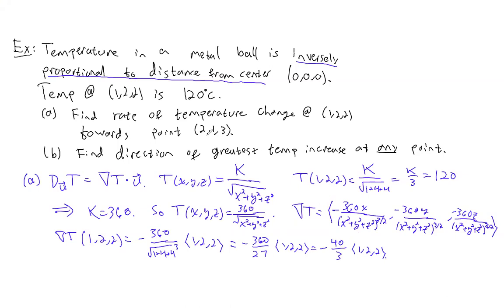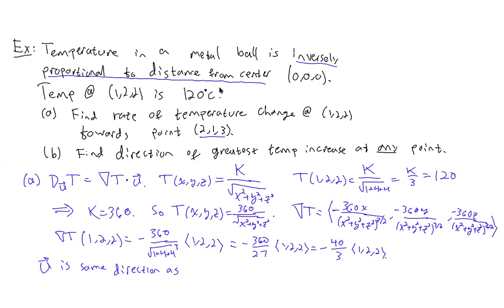So now we need to know what the vector u is, the direction we're going in. It's very tempting to say that u is the direction 2, 1, 3, because we're told we've got the point 2, 1, 3, but that's not right.